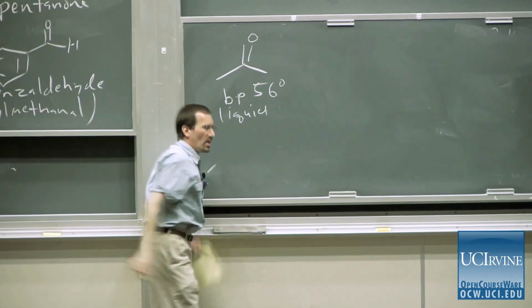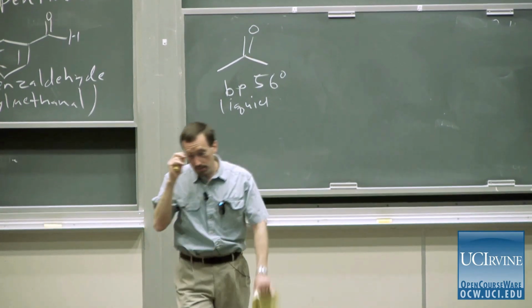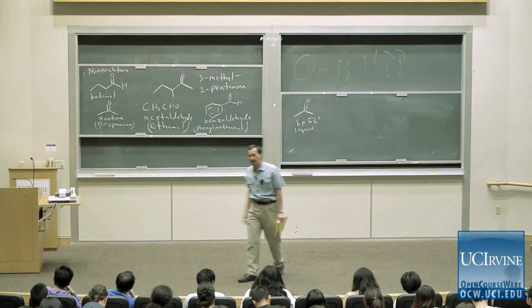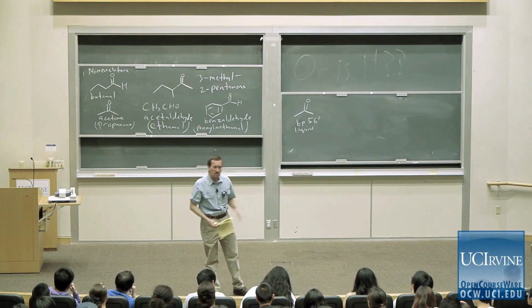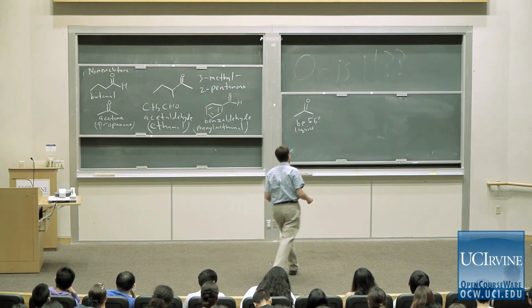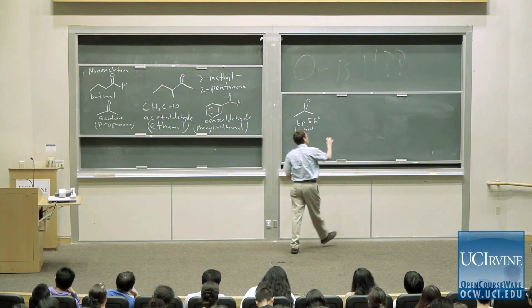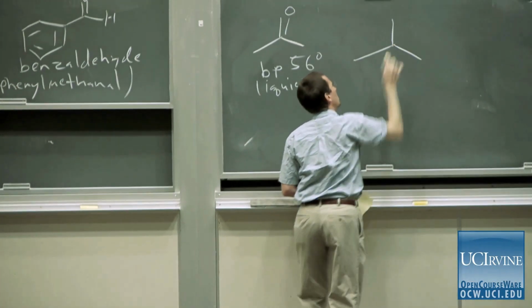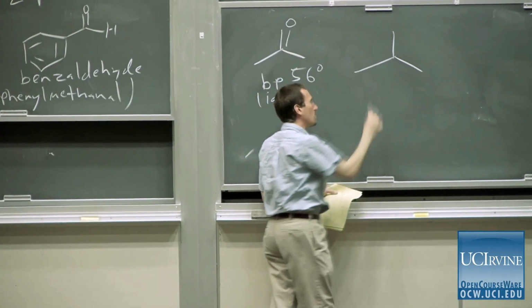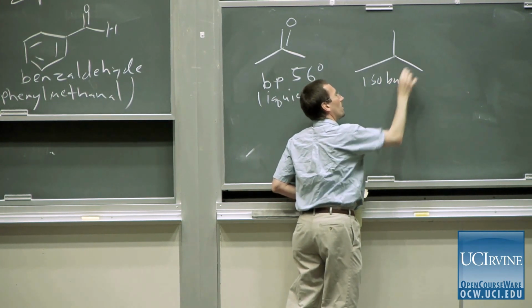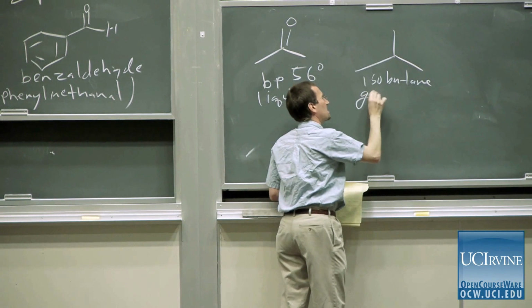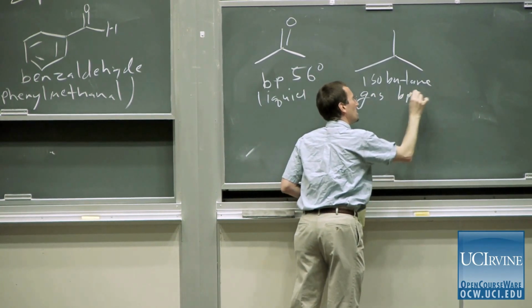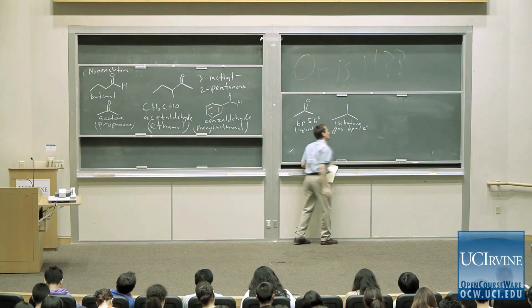One of the things one can do is put properties of compounds into context, comparing them to similar sized compounds. So for example, if I look at a similar sized compound containing just carbon, isobutane, by comparison is a gas with a boiling point of -12 degrees.